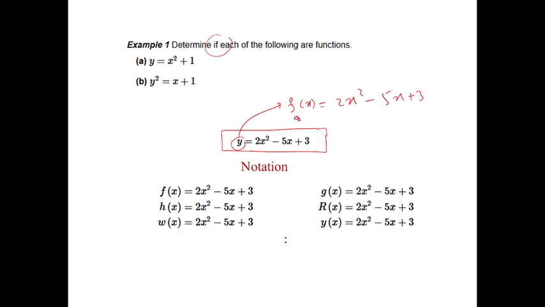This is one notation. Second, we can write this as g of x is equal to 2x square minus 5x plus 3. Also h of x, k of x. So all these f of x, h of x, w of x, g of x, r of x are different notations for the function. Notation means symbols. This x means that on the right side of the function there is the variable x.